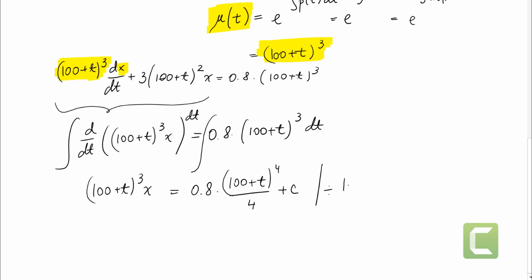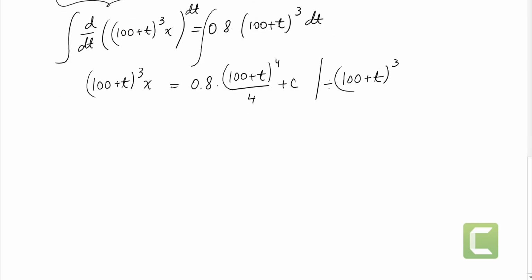We divide everything by 100 plus t to the third, and we get x of t, which is the amount of substance at time t, is 0.2 times 100 plus t plus c times 100 plus t to the negative 3.